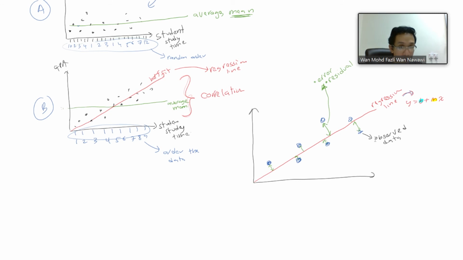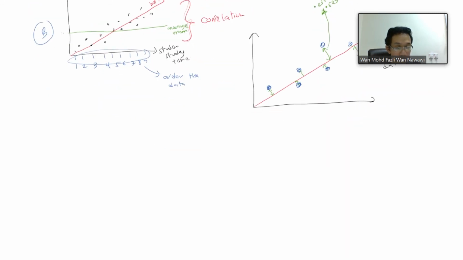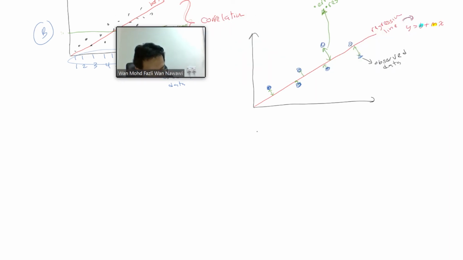If you want to find the mean for this data, let's say the same data, the mean is not a best fit. If you want to find the mean, you find the average. Even though you order the data, the mean will be here.